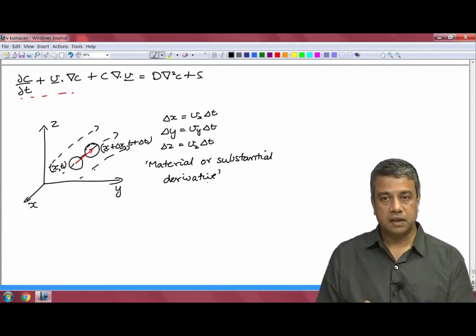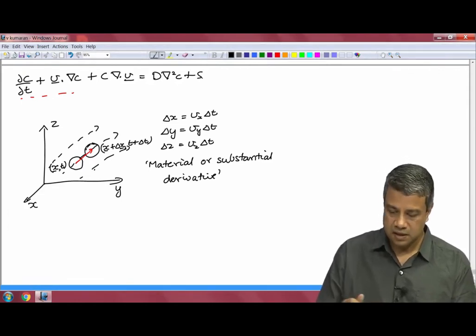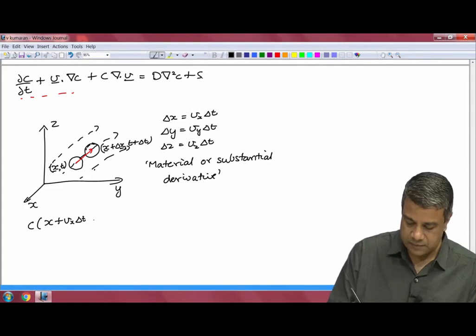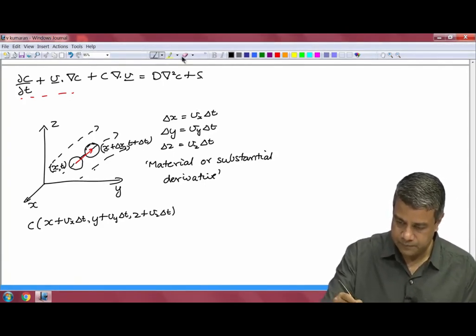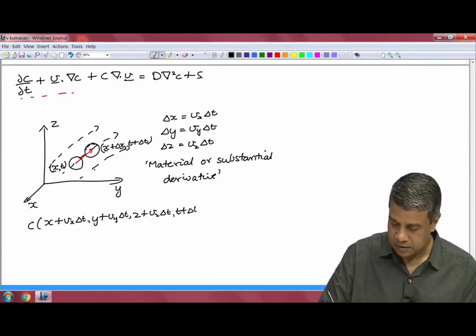The derivative in a reference frame moving with the same velocity as the fluid velocity at that location. That is the concentration at x plus V x delta t, y plus V y delta t, z plus V z delta t, minus c of x, y, z, t.